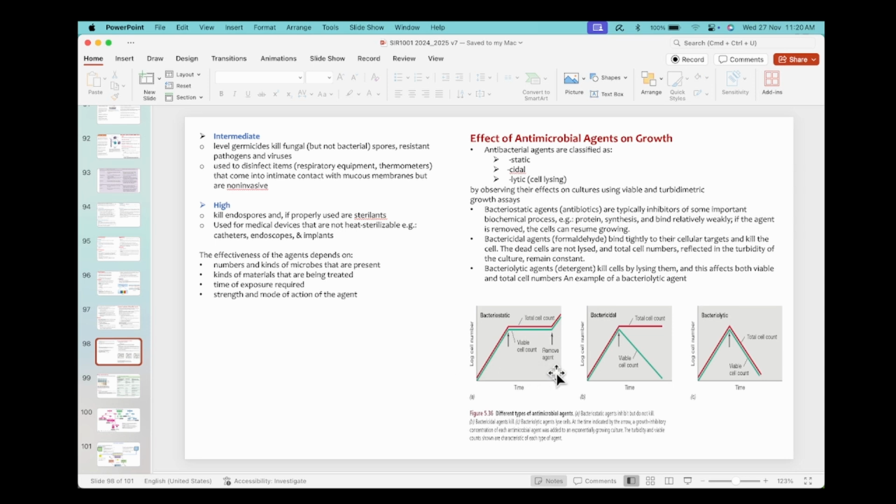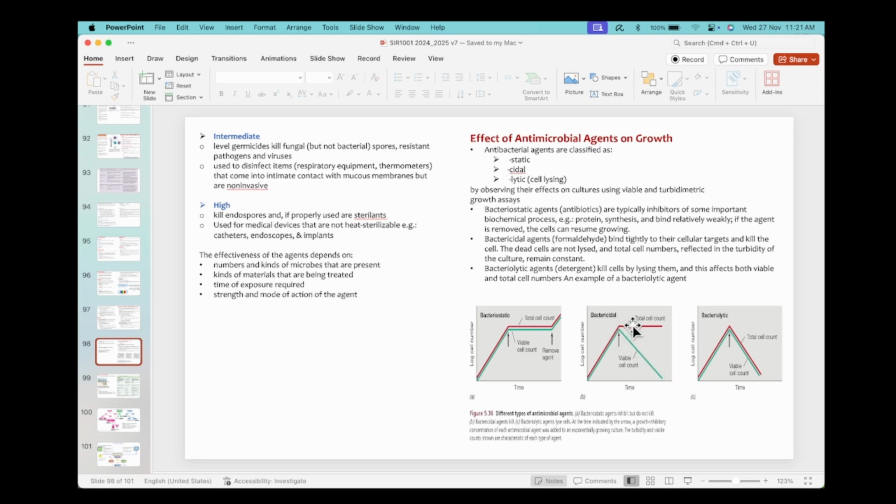So if we were to follow the cell number over a period of time, if the agent is added and then we do not see any increase, and when we remove the agent it increases, then the chemical is bacteriostatic in nature. However, if after adding the agent the viable cell count drops and the total cell count remains as it is, then it is bactericidal because the cells died.